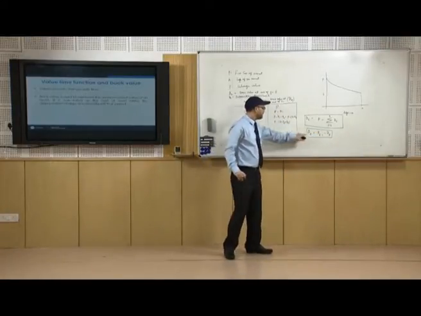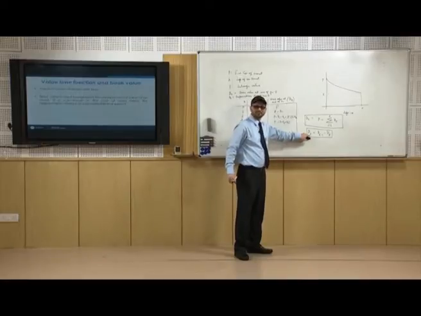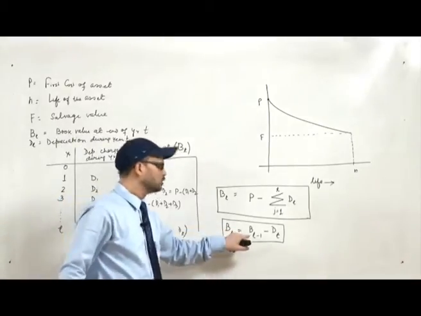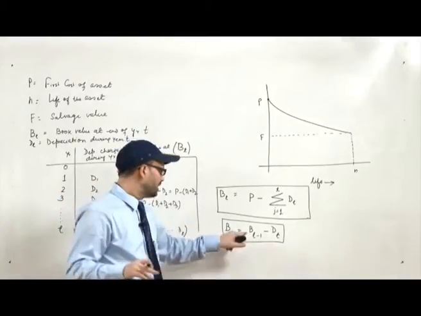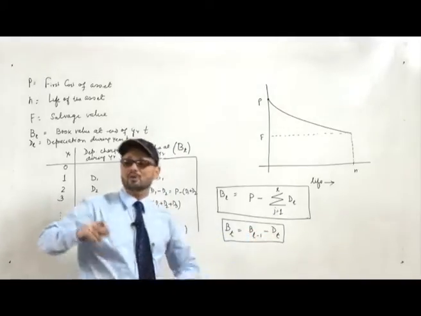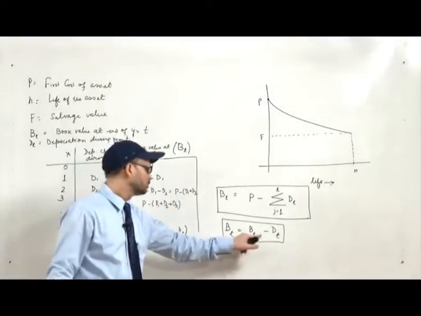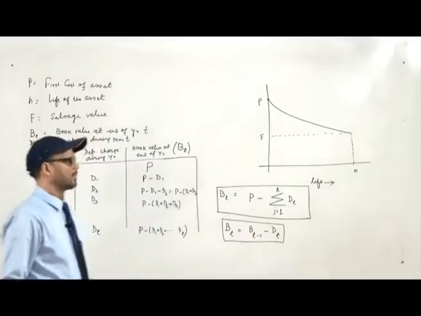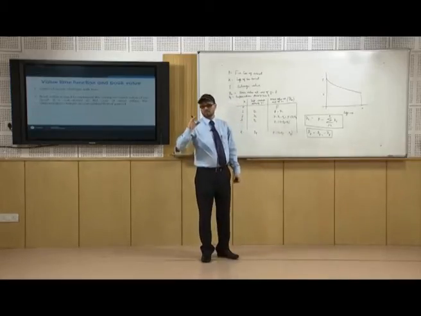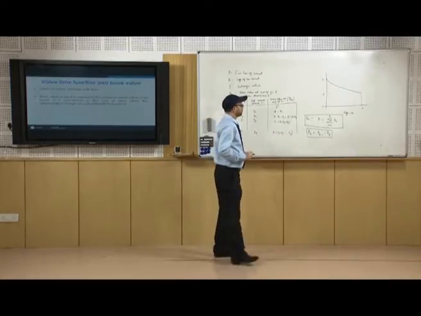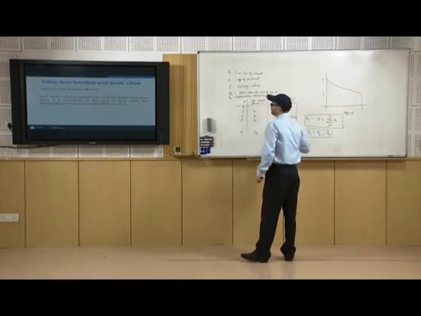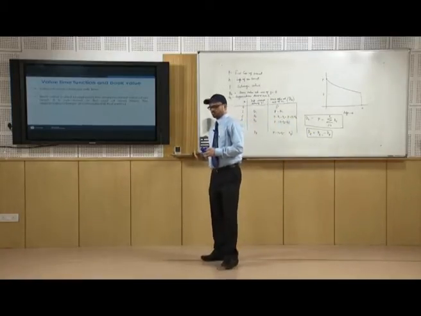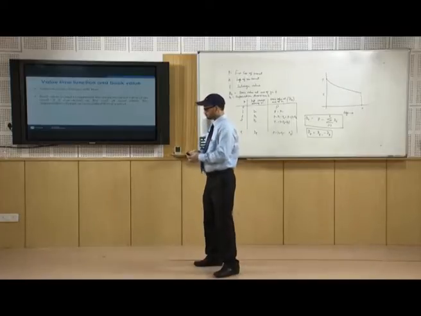Or if you have to find the book value at the end of any year, the book value in the previous year minus the depreciation charge calculated during that year will give you the book value after that year. So, this is how you calculate the book values.